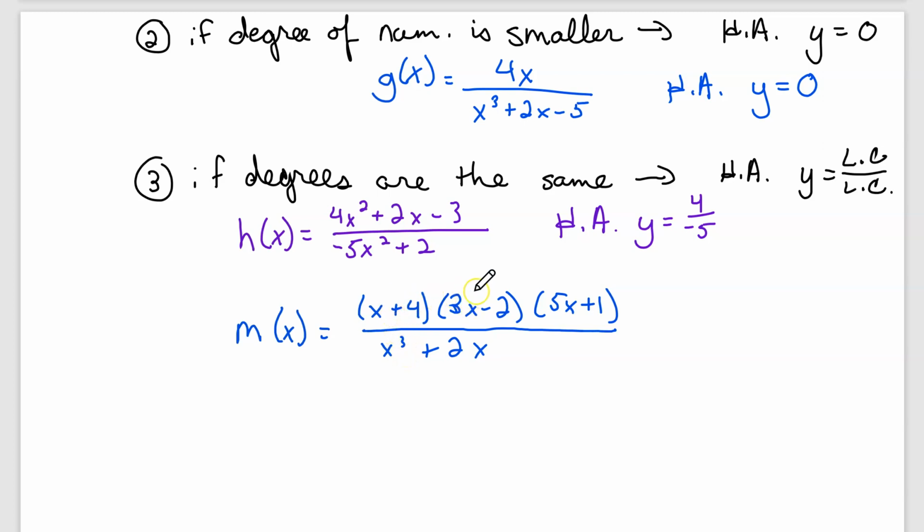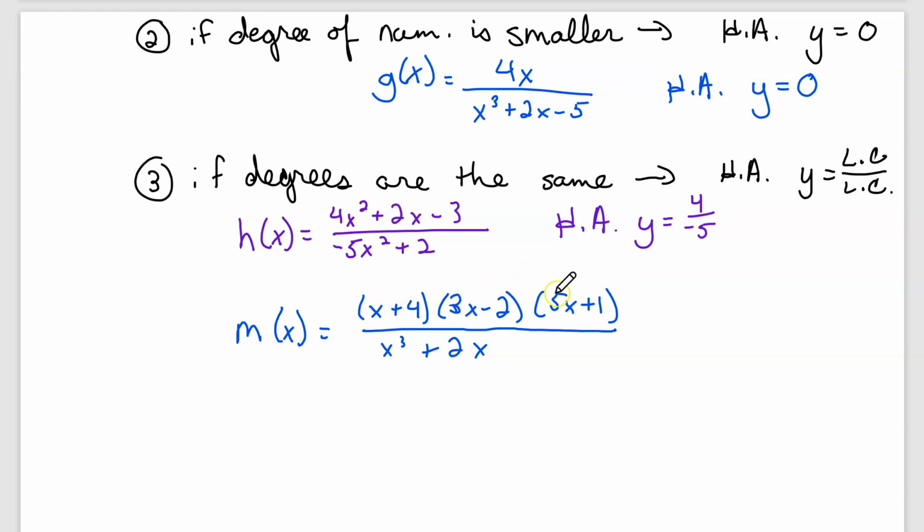Leading coefficient of my numerator is, I have to take the numbers in front of each of my x's and I need to multiply those. So I need to take 5 times 3 times 1.